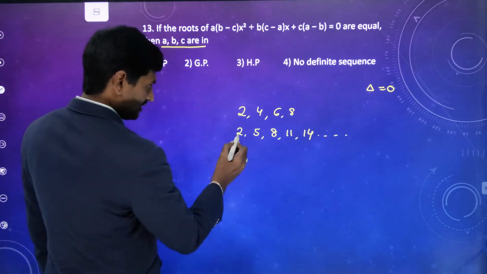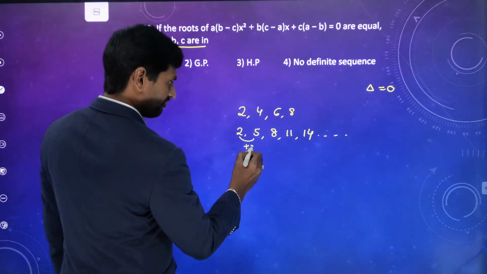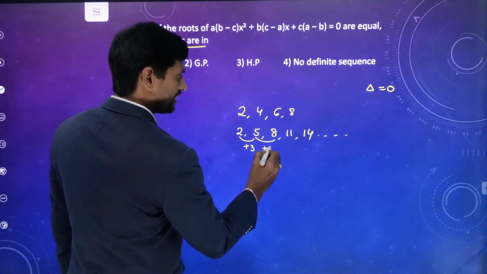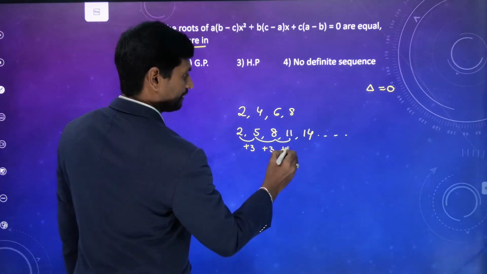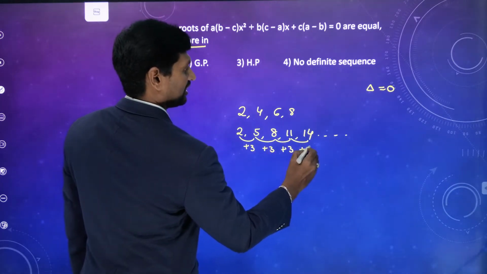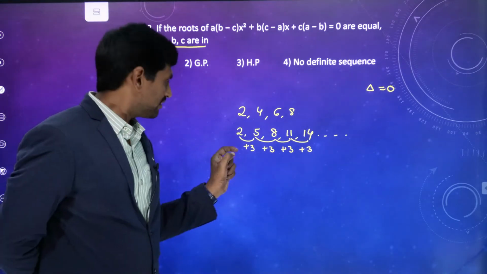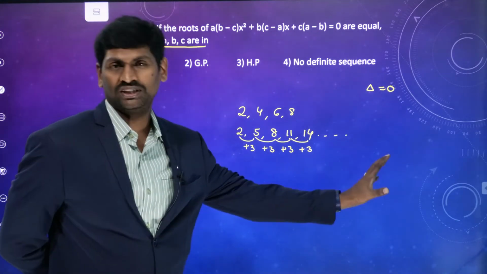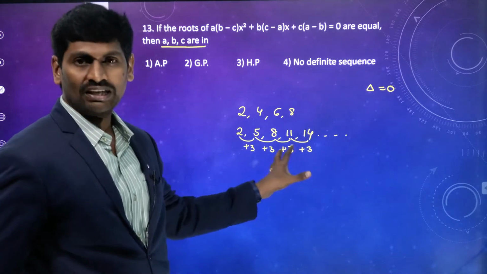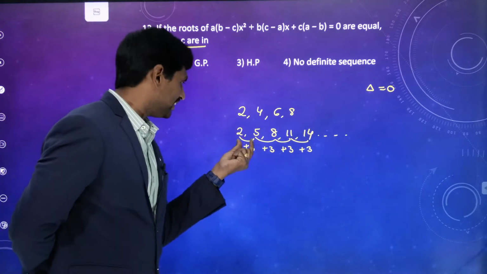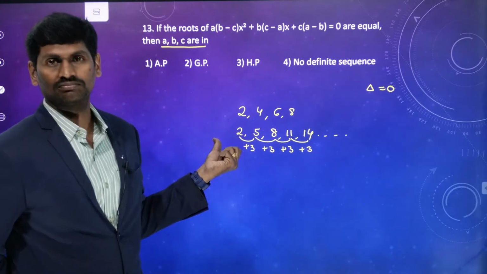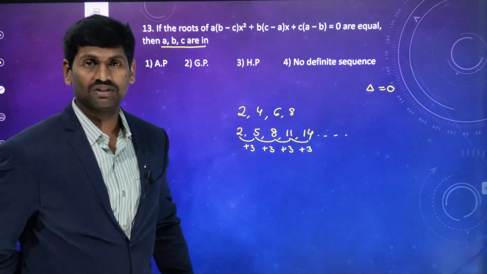Yes. 2 plus 3, 5. 5 plus 3, 8. 8 plus 3, 11. 11 plus 3, 14. So while observing each and every term in this pattern, each is formed by adding 3 to its preceding term, except the first term.